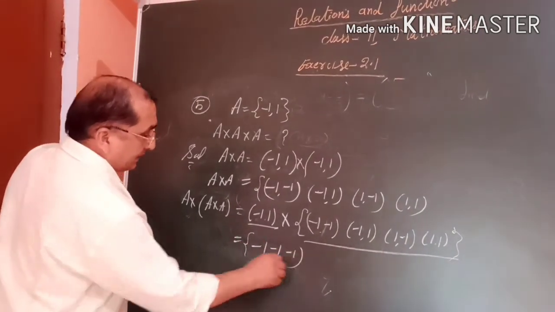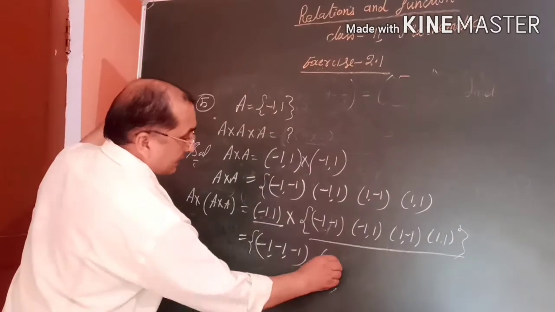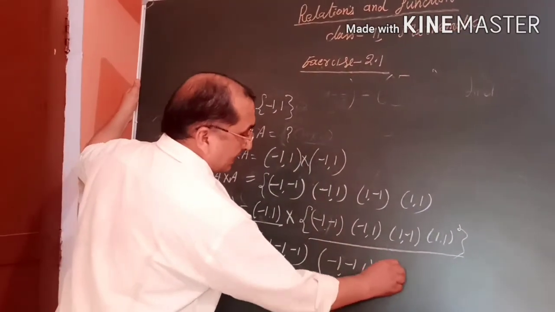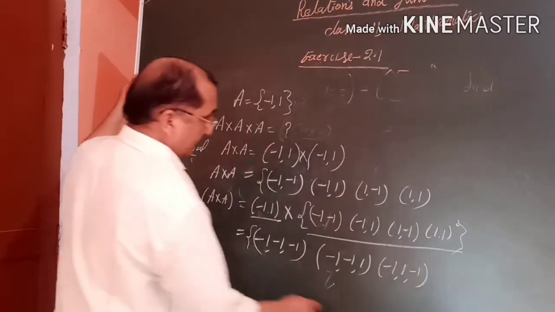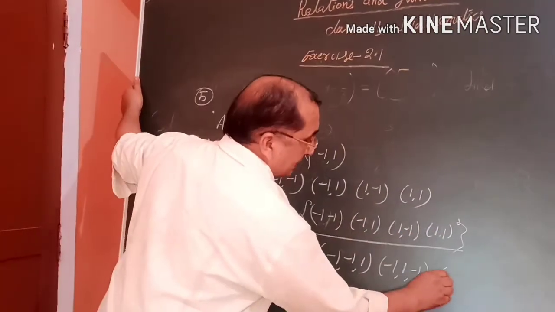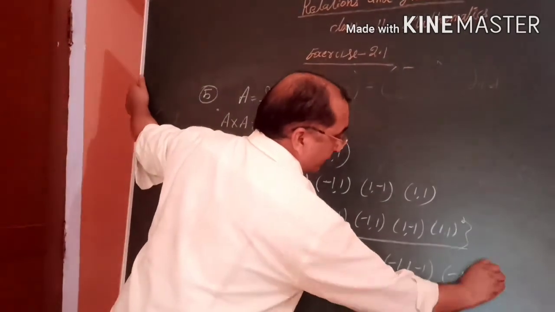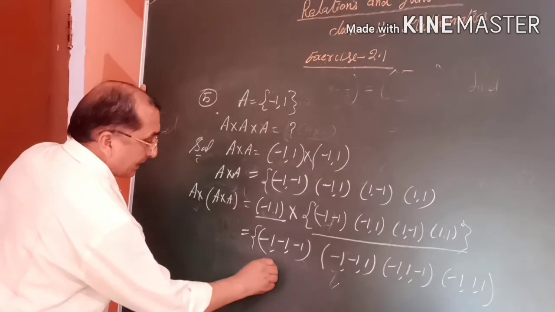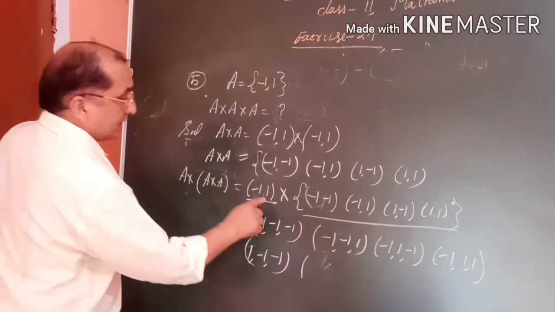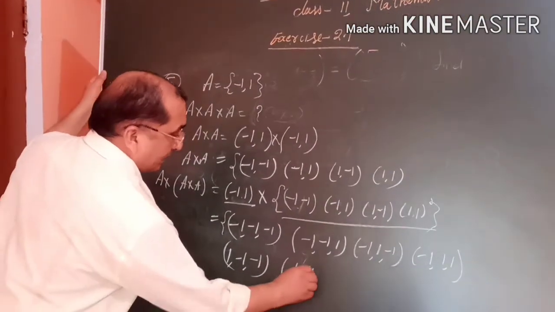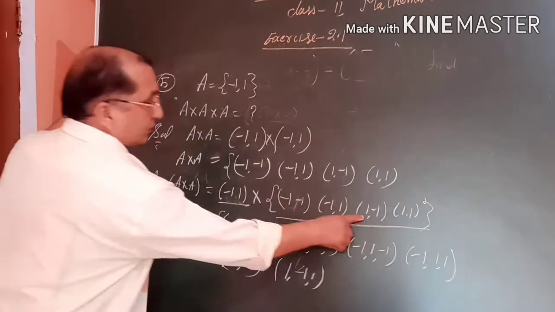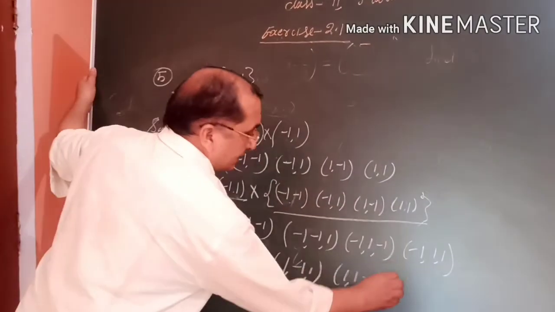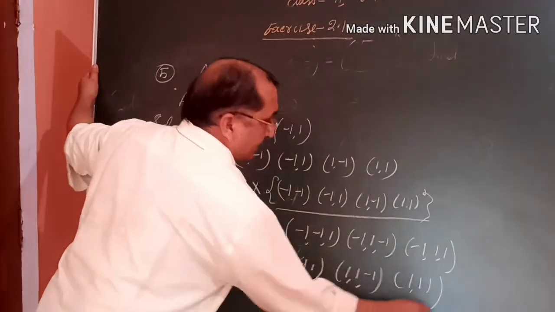Minus 1 gives minus 1, minus 1, minus 1; minus 1, minus 1, 1; minus 1, 1, minus 1; minus 1, 1, 1. Then 1 gives 1, minus 1, minus 1; 1, minus 1, 1; 1, 1, minus 1; 1, 1, 1.